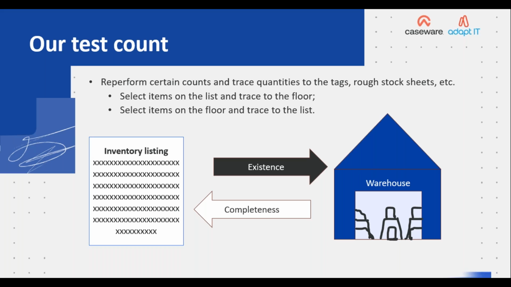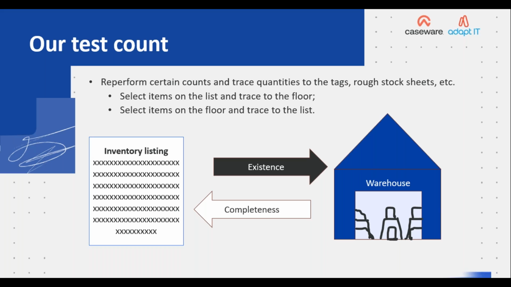So select some items on the list and trace to the floor. Go and check physically with your own eyes and mark down the items.